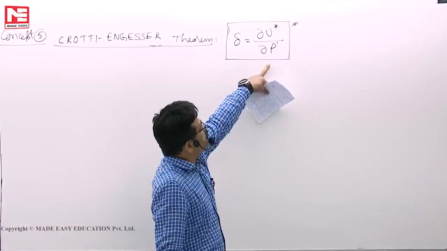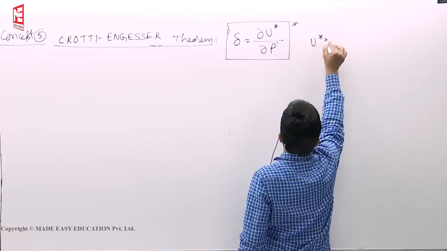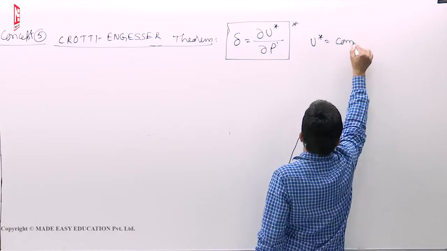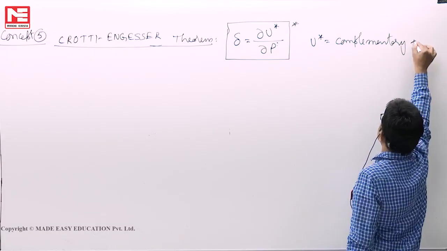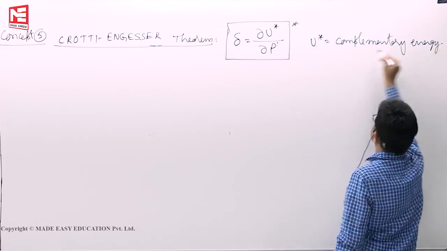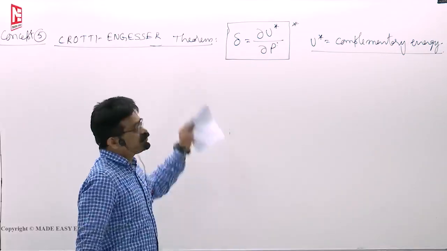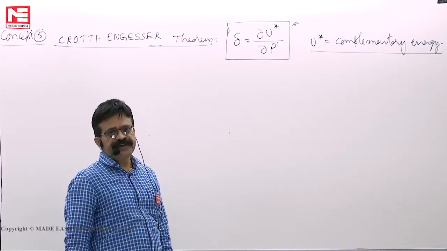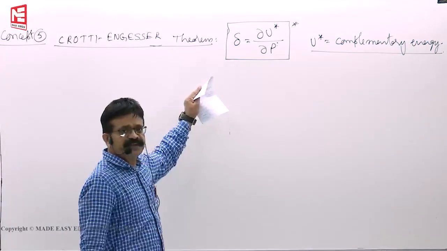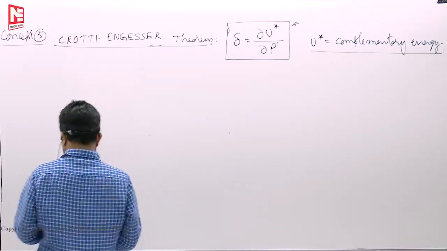But if I want to use this, U must be complementary energy. U star is not strain energy, it is complementary energy. So first derivative of complementary energy with respect to load at any point in a structure gives you displacement at that point in the direction of the load. Okay.